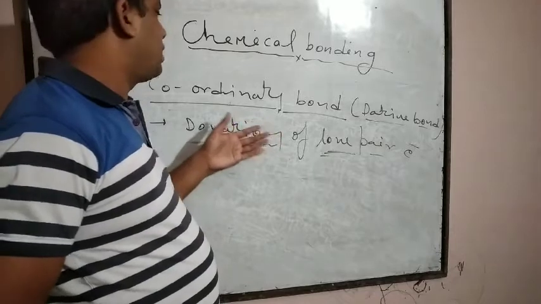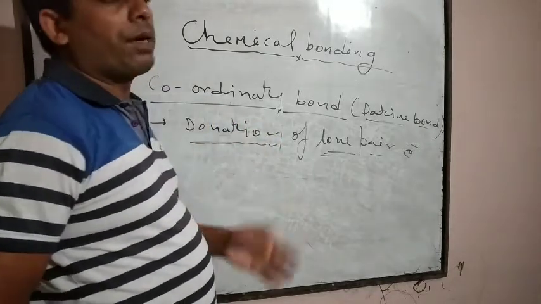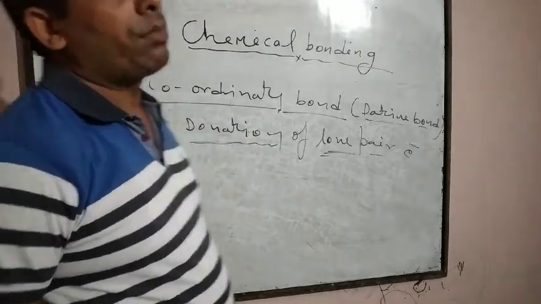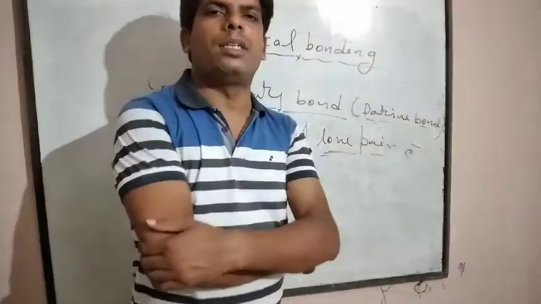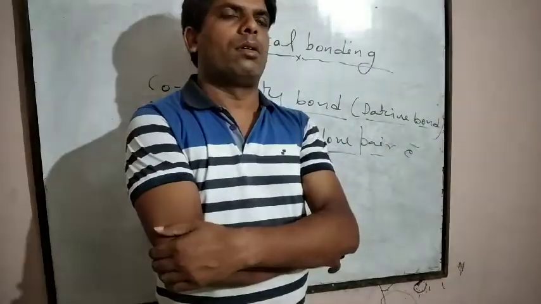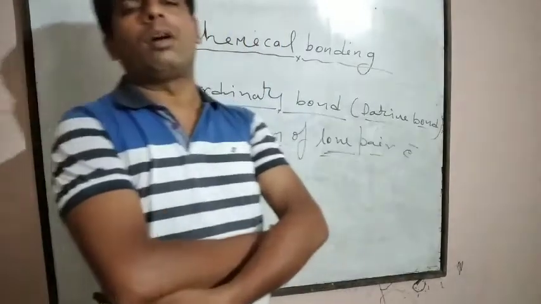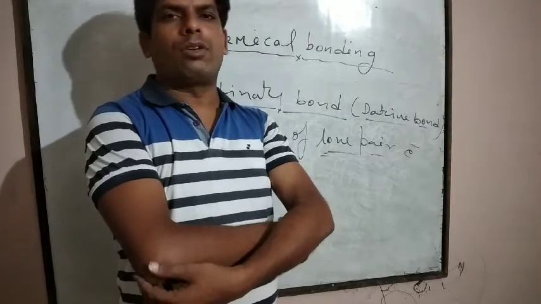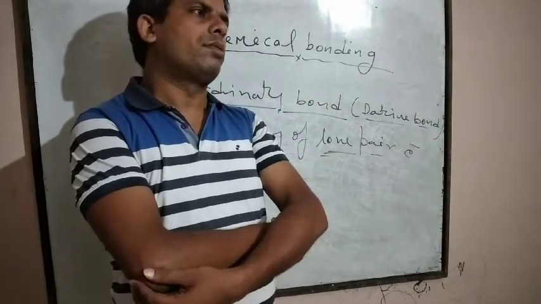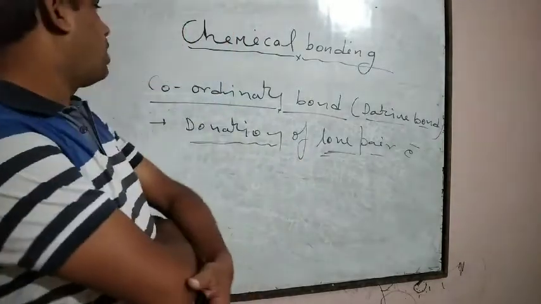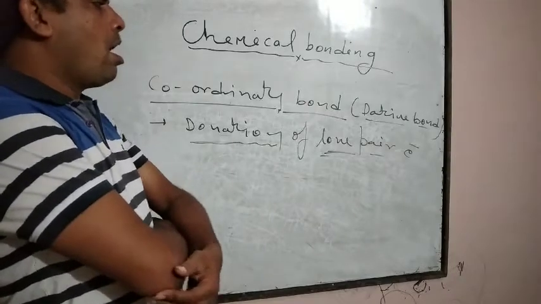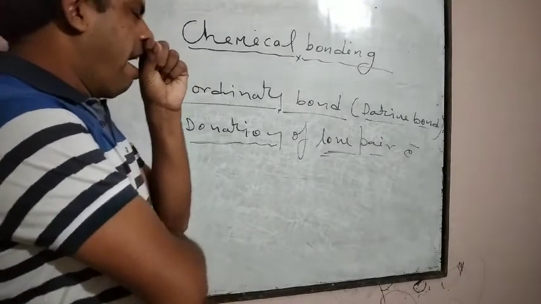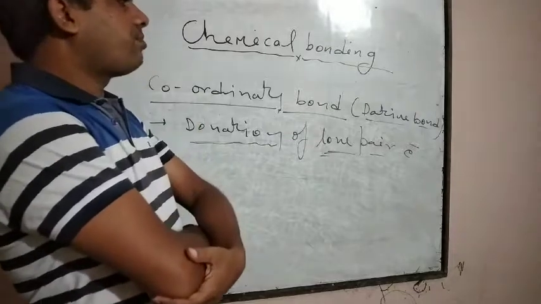Last day we were discussing the types of chemical bond. We have already discussed the electrovalent bond, the ionic bond; second, the covalent bond; and third, the coordinate bond, which is also known as a dative bond.